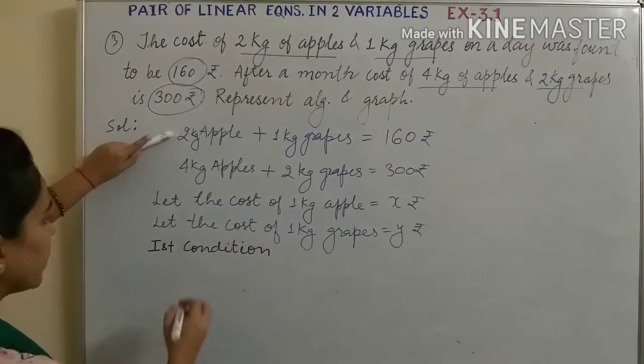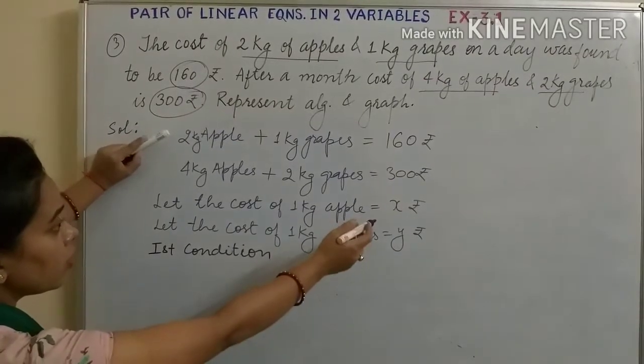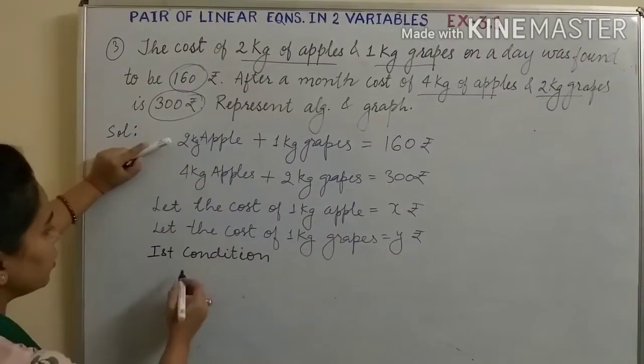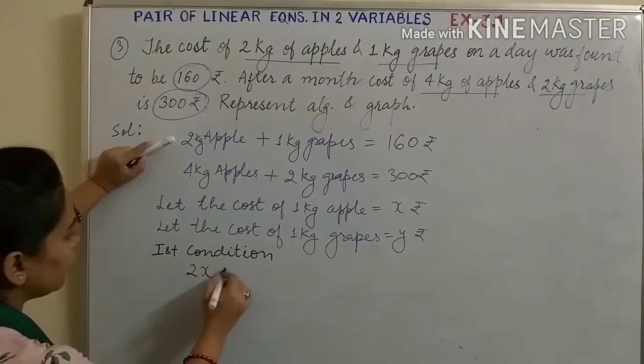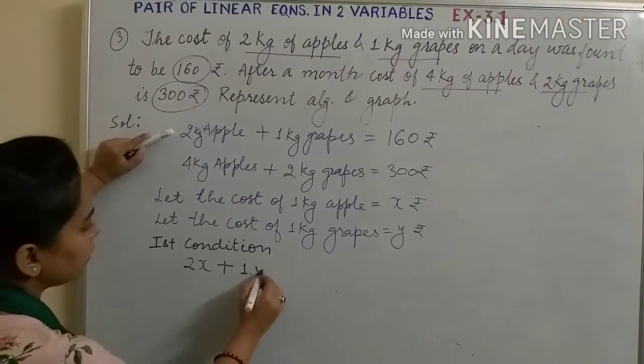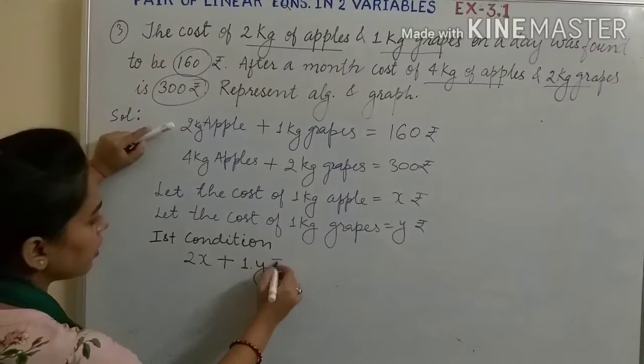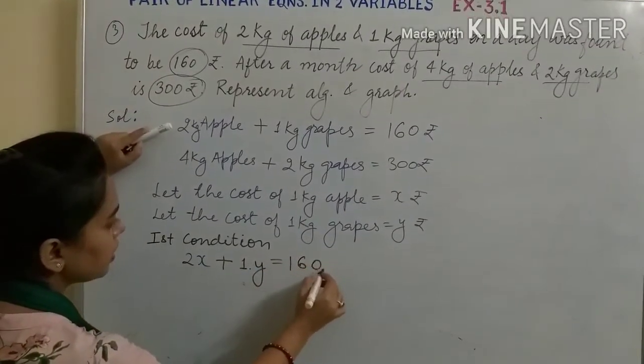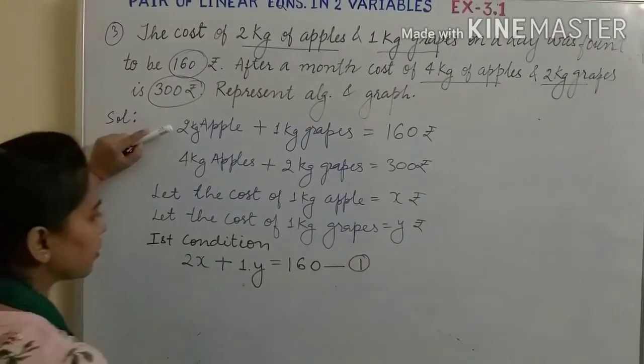first is 2 kg of apples, and we have taken the cost of 1 as x, so it will be 2x plus 1 into y, which is y, equal to 160. This is our first equation.